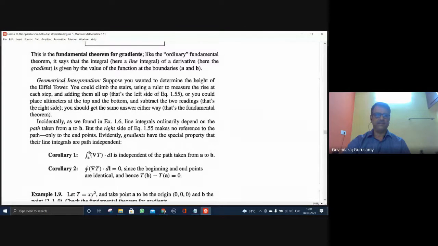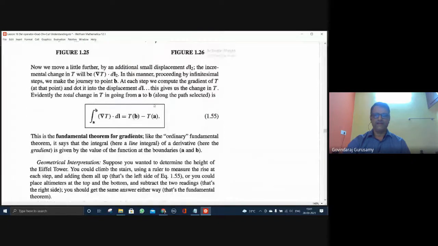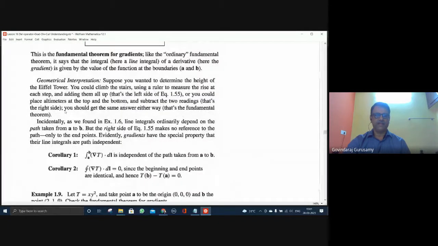Or you could place altimeters at the top and the bottom and subtract the two readings. That is the right side, the two readings.